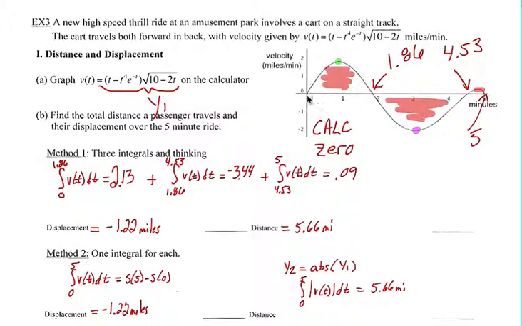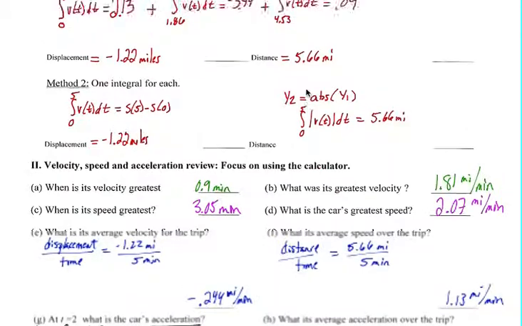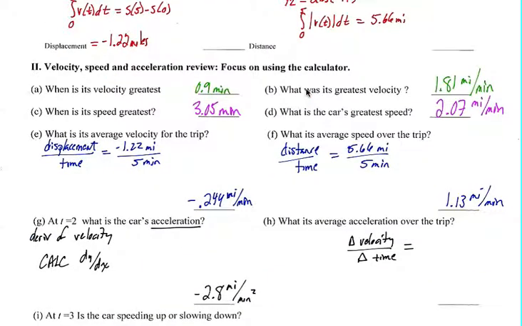The velocity at the beginning was 0. So there was no change in velocity. So the average acceleration is just going to be our 0 velocity at the beginning minus our 0 velocity at the end, divided by 5.